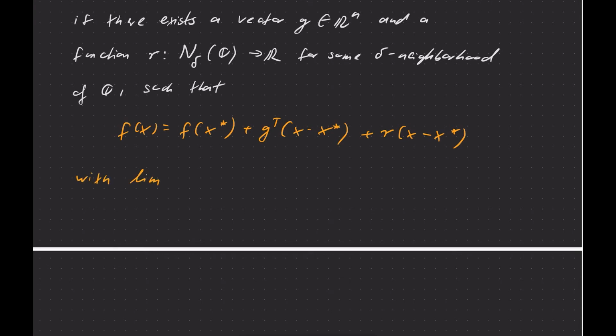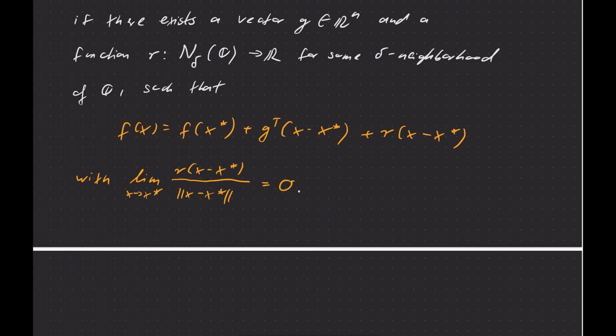So the question is, how fast will that become smaller? And that's what's expressed in this condition here. So the limit as x tends to x star of R of x minus x star, divided by the norm of x minus x star, so the distance of these 2 points, is 0.